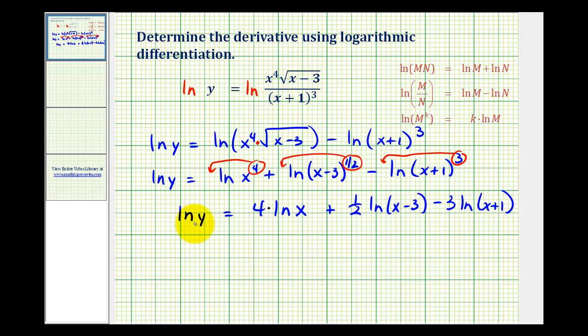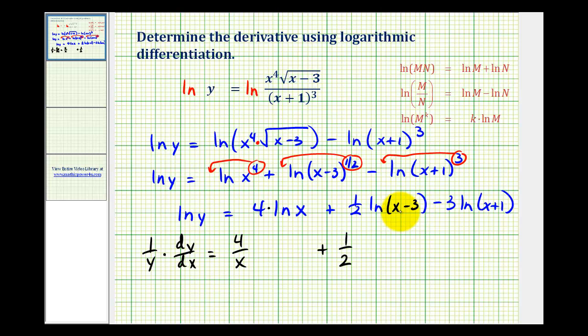So when we differentiate natural log y with respect to x, we're going to have 1 over y times dy/dx. We have to apply the chain rule. So we have 1 over y times dy/dx is going to equal 4 times the derivative of natural log x, that'll be 4 over x, plus 1/2 times the derivative of natural log x minus 3.